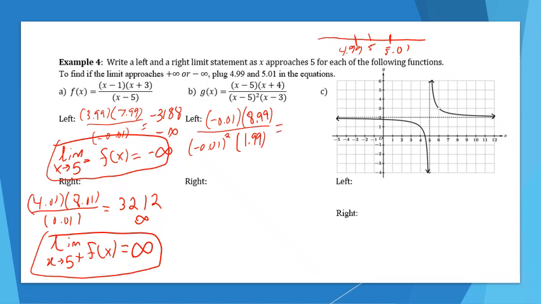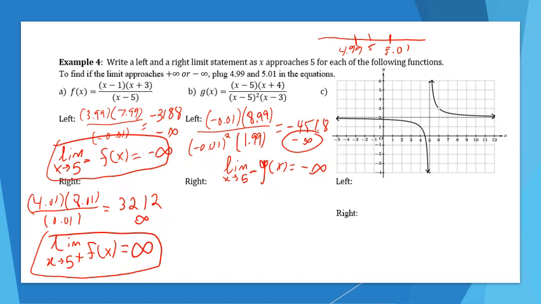This, when you put it into your calculator, you should get negative 451.8 around, which means we can write our limit as the limit as x approaches 5 coming in from the left of g of x equals negative infinity. So that basically is going to be negative infinity. If you ever aren't sure, just plug in like 4.999 and just make it closer, but that should be a correct limit statement there.